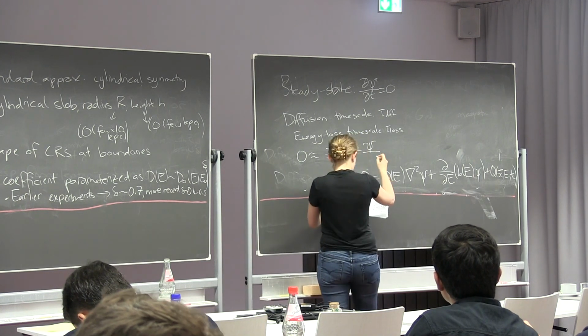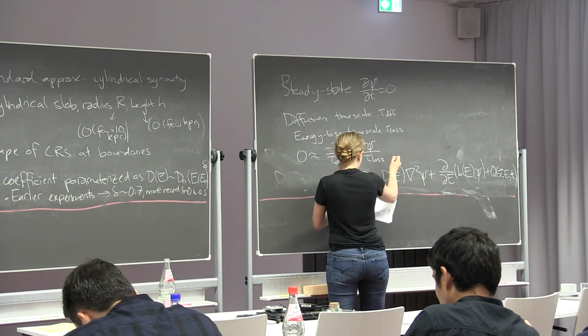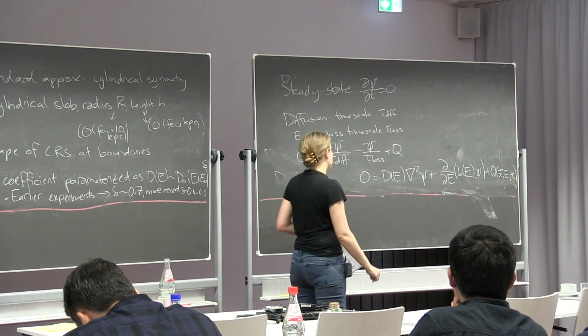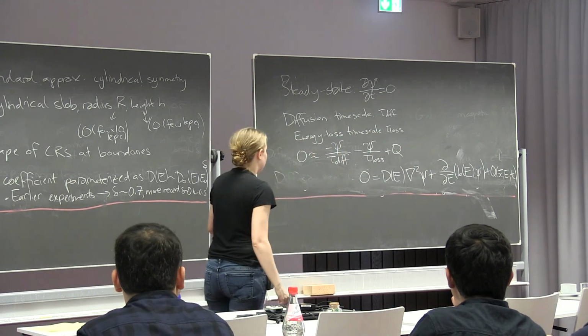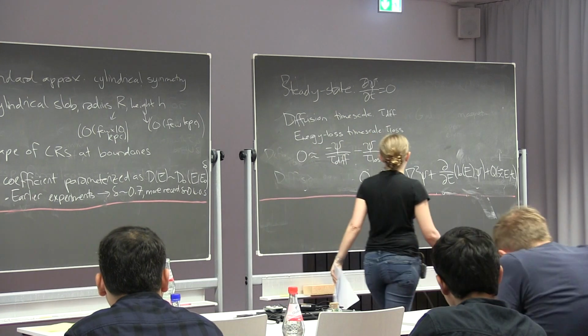There's a rate at which it's depleted due to losses, and then it's being sourced by this source term. So in the steady state, we want these to balance.